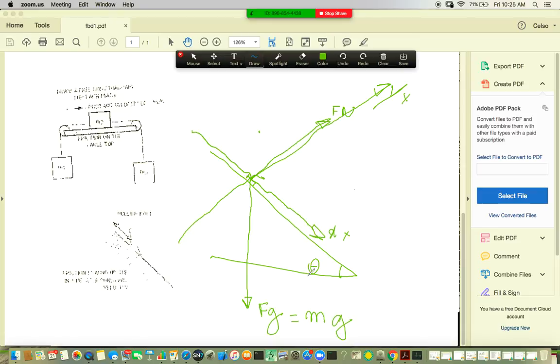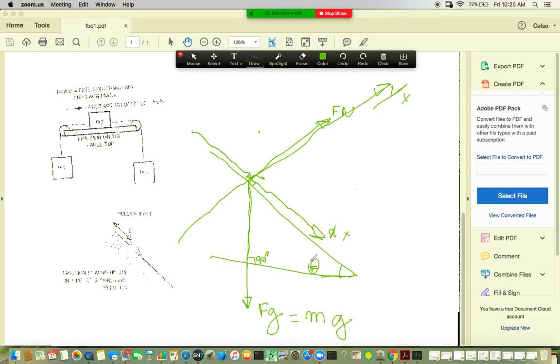Yes. Okay. Now look at this. This angle is theta, right? This angle here is 90 degrees. Why is that? Because this is the base of your incline, is horizontal, and the weight goes normal to the horizontal. It goes vertical. And a vertical makes a 90 degrees with the horizontal.